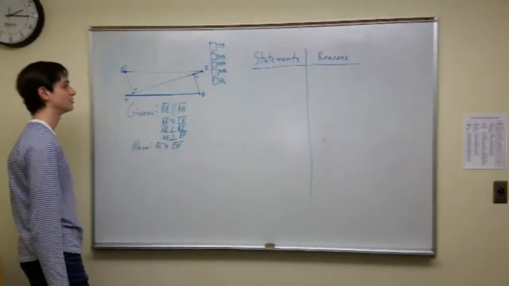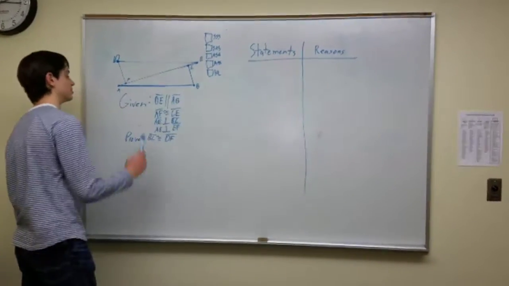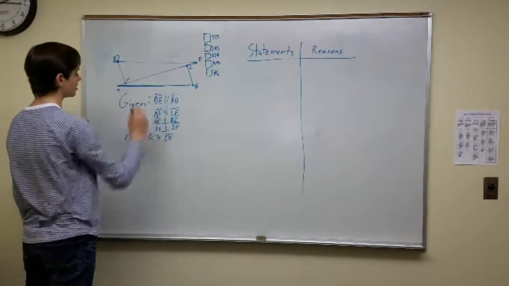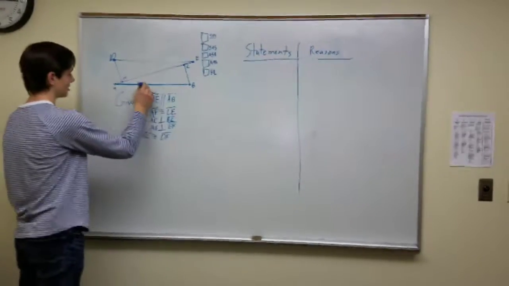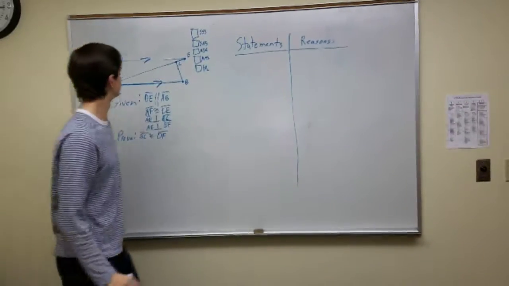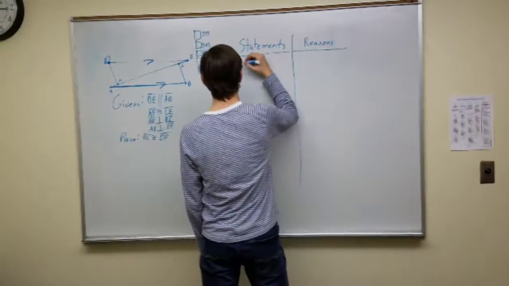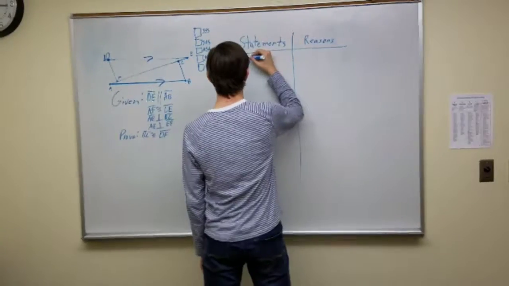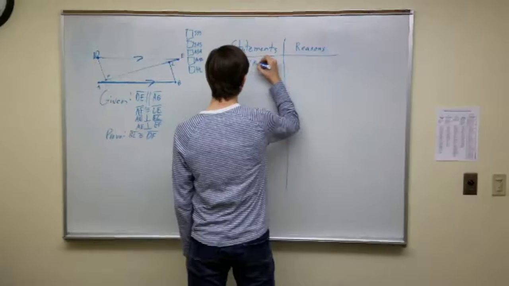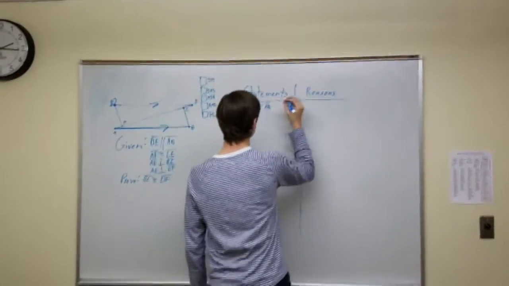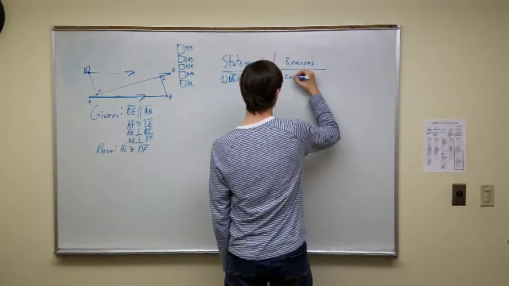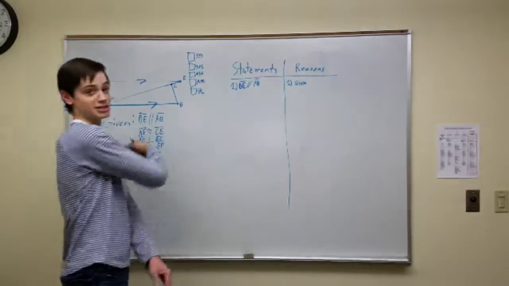So first thing you're going to want to do for your statements right here is put down your givens. The first given is that line DE right here and line AB right here, they're parallel. So you're going to put that these two are parallel, and then write it down over here, like so.